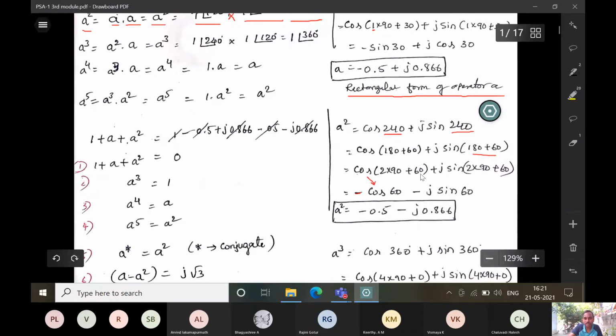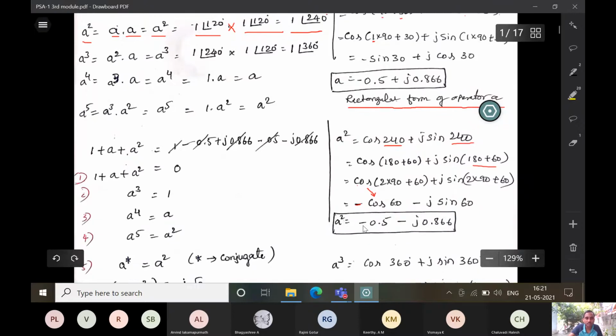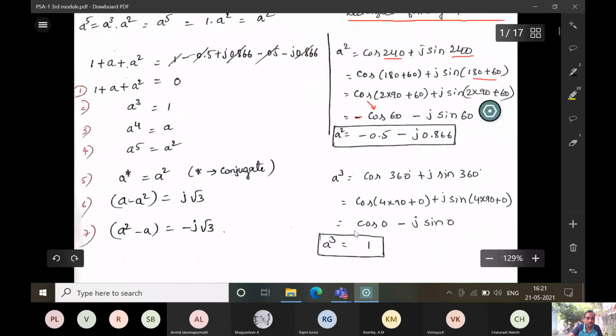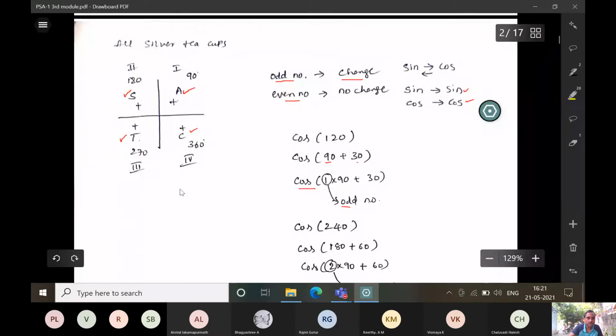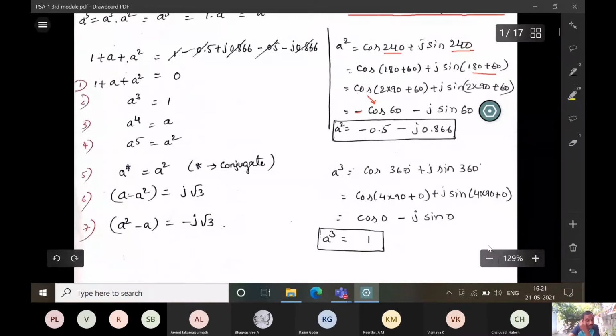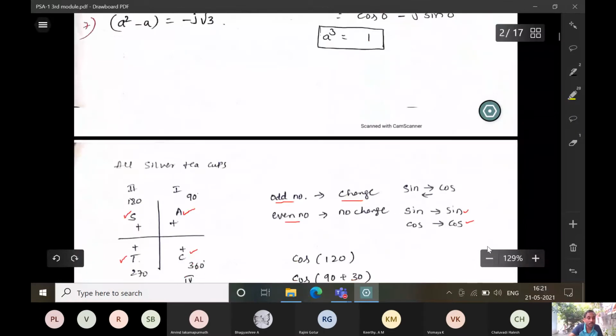Plus 60 degrees. So which quadrant is this? 240 means 90, 180, then this is 270. So we get the third quadrant.